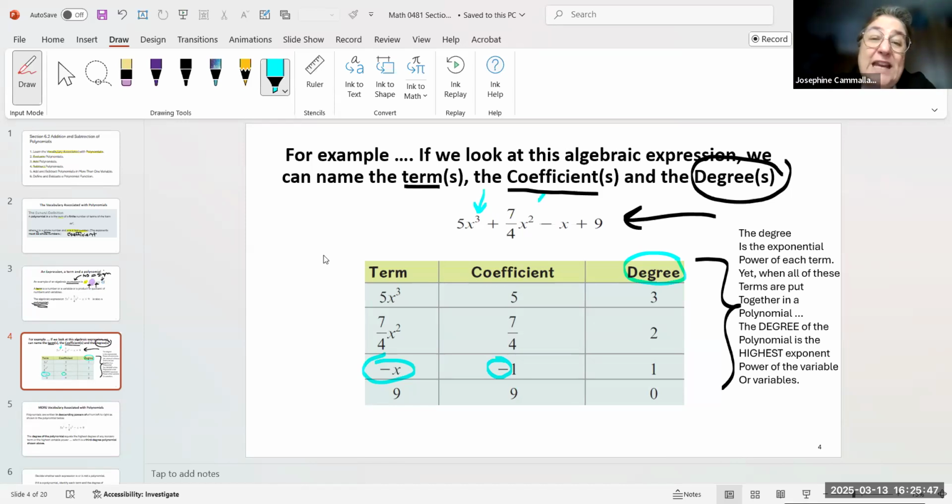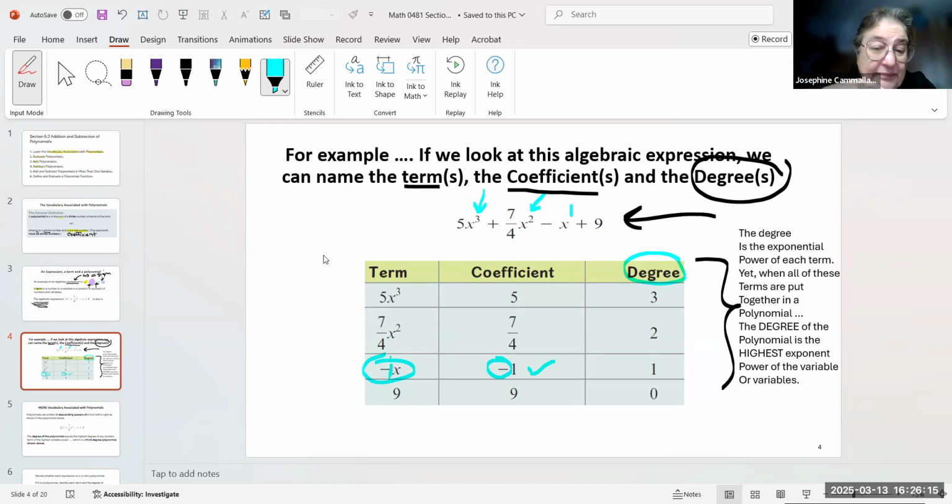Now, the degree is the power of x, but notice we've gone down to 2. Now, the term negative x, we have to remember there's a 1 in front. Mathematicians don't write that 1, and that is the coefficient. Now, the power of this x, remember, I don't write 1s.